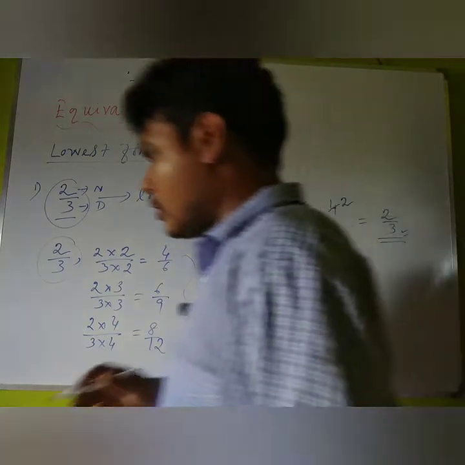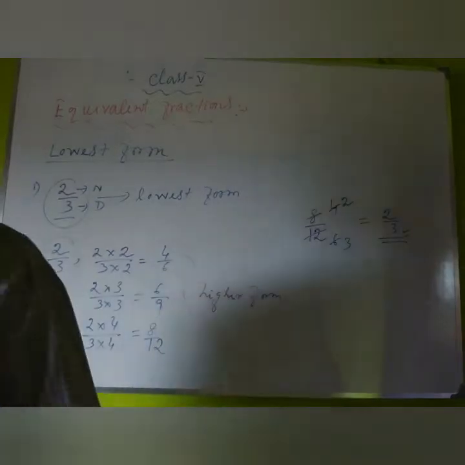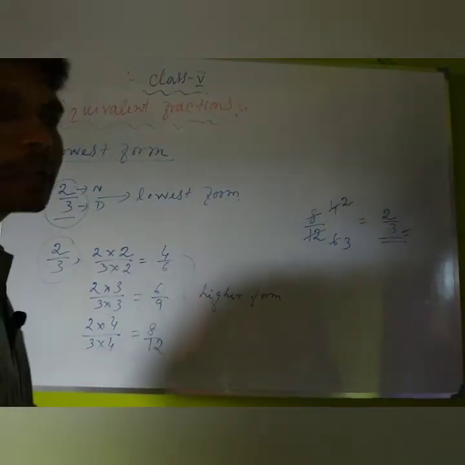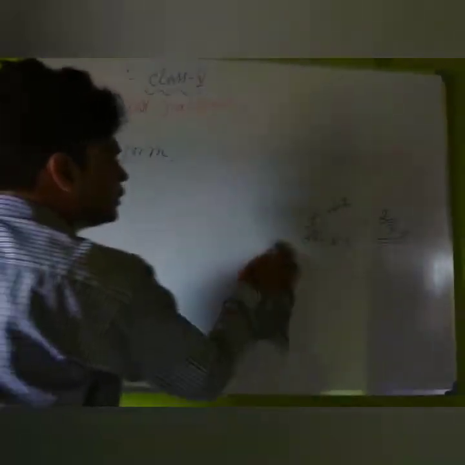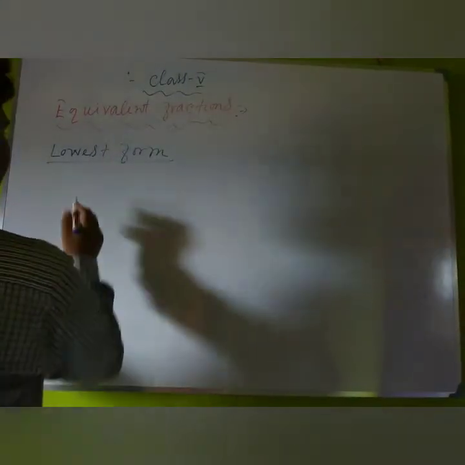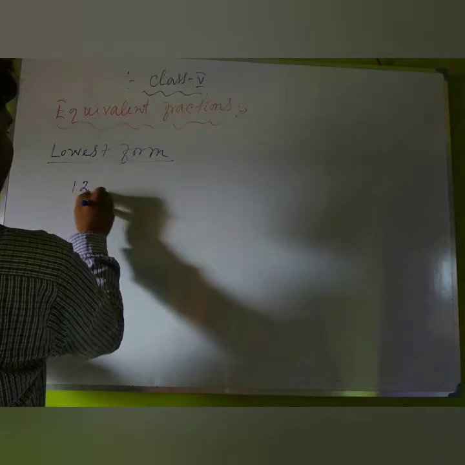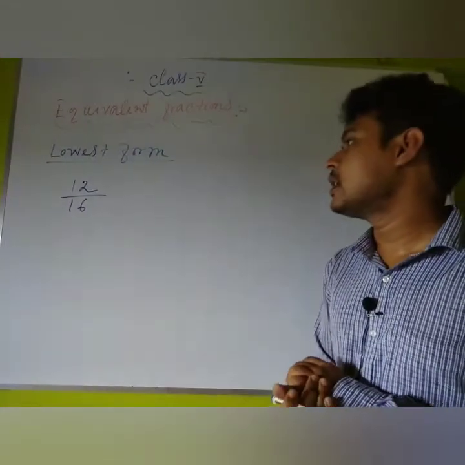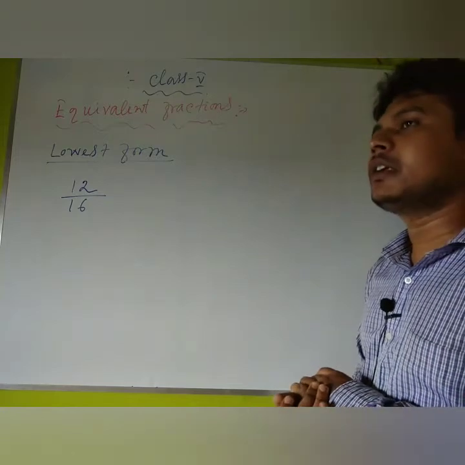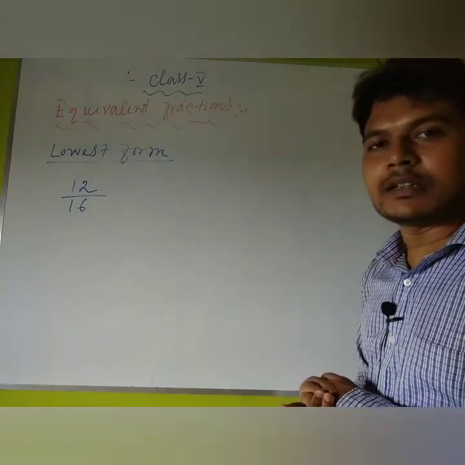Now we will learn the shortest method to find the lowest form, by dividing both numerator and denominator by their HCF. Such that you take the fraction 12 by 16. That is not written in its lowest form, because there are lots of common factors of 12 and 16.